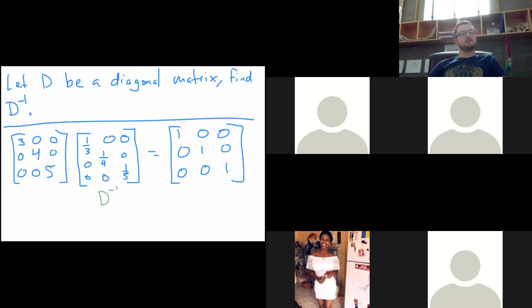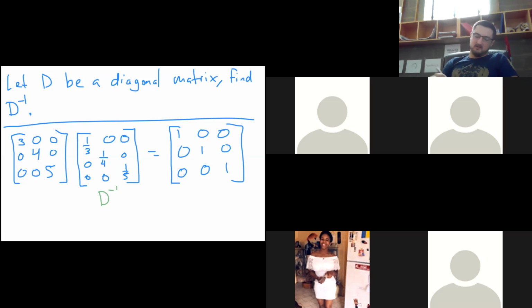I just take each of those diagonal entries and find its multiplicative inverse. Find out what I need to multiply it by to get to 1. And that is what's always going to give me my inverse.